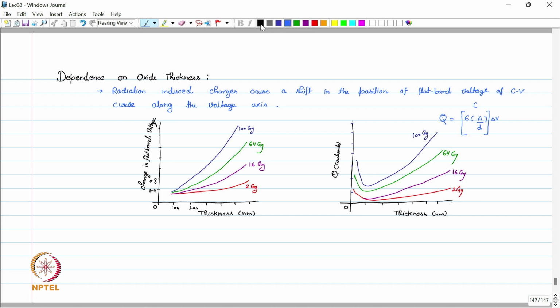So this shift is generally attributed to trapping of holes generated by radiation.